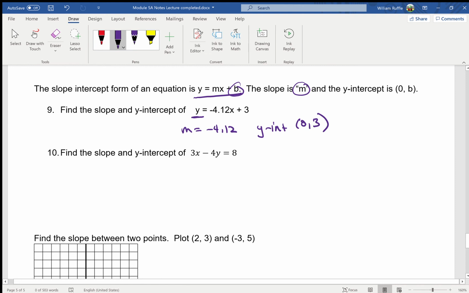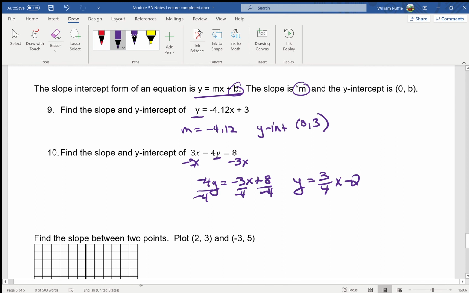This next one, I have to do a little work, and this is more like the beginning questions. I have to solve for the letter y. So I have to subtract 3x over. So I get negative 4y equals negative 3x plus 8. I'm going to divide everything by negative 4. And so I get y equals 3/4 x minus 2.